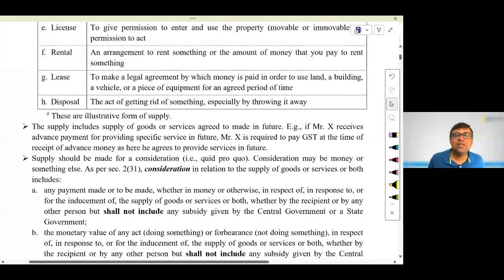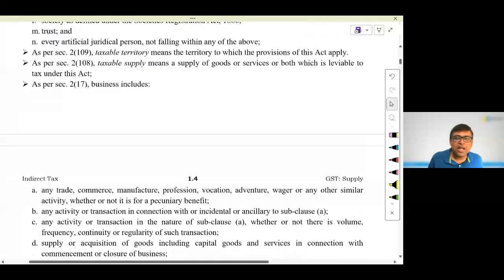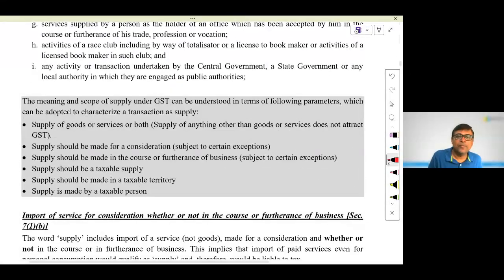However, a few more things we are supposed to consider, that is, the supply should be a taxable supply. Suppose you are selling some goods which are not liable to GST, say you are selling alcoholic liquor. This is not a taxable supply.